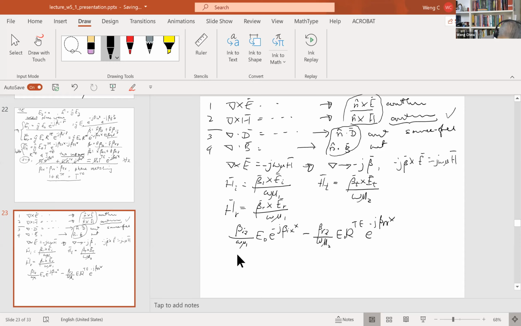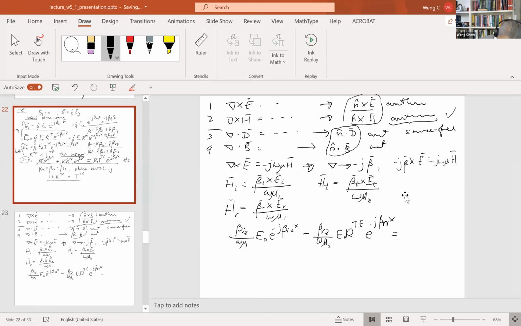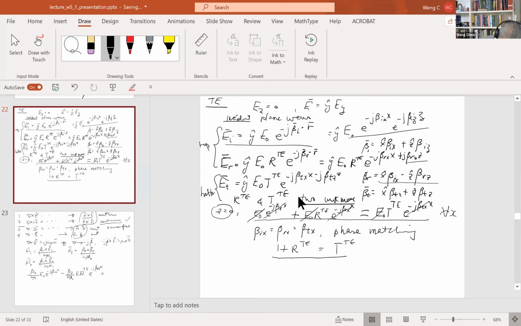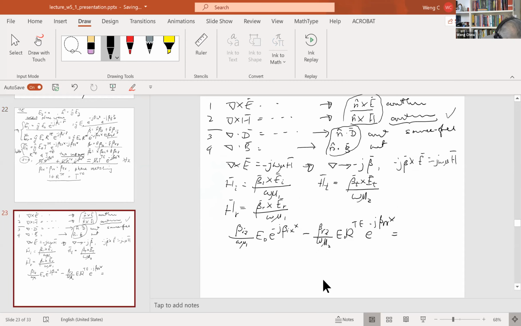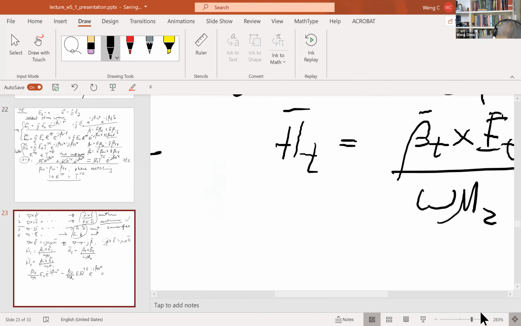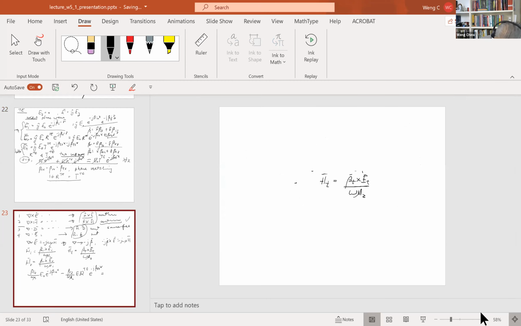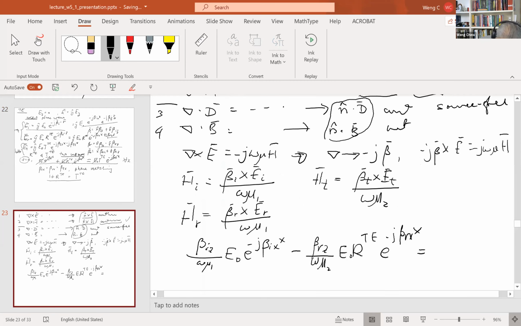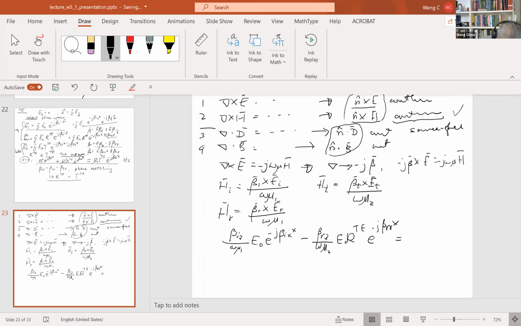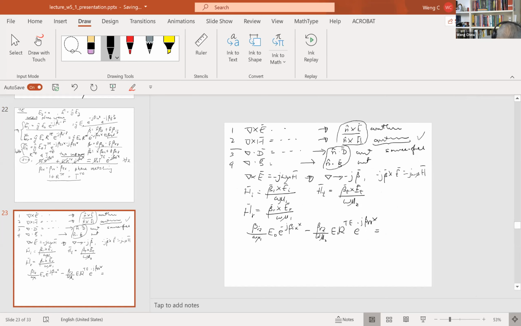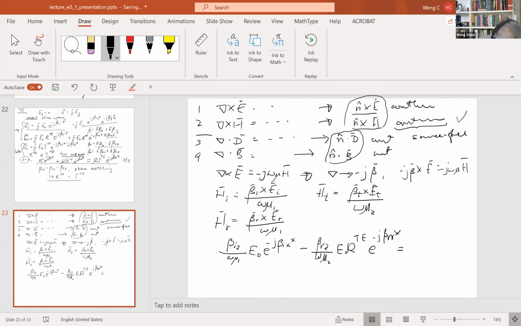And then you would do the same thing to the right-hand side, find the corresponding magnetic field. In other words, you go in here, find the magnetic field and plug it on the right-hand side, and then you will find that this becomes beta tz over omega mu.